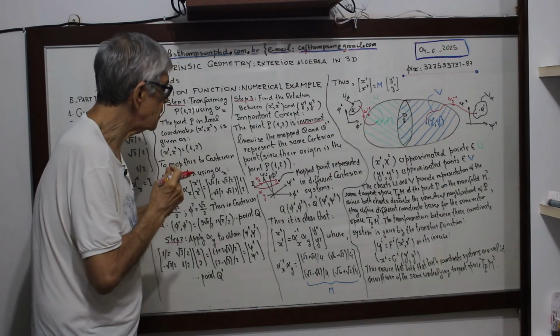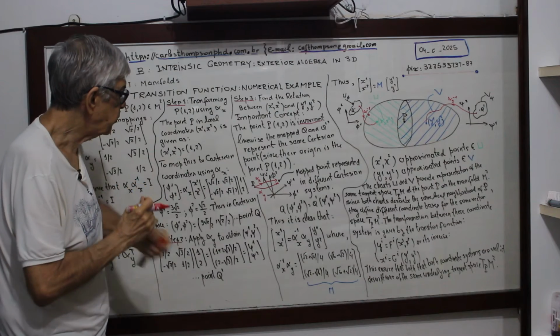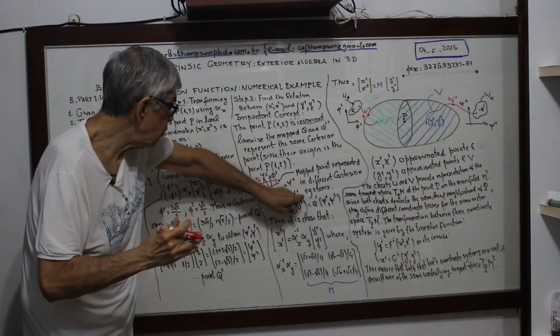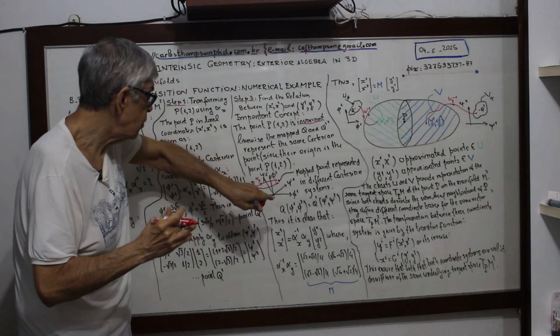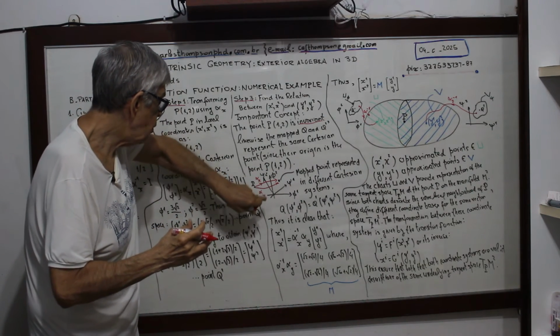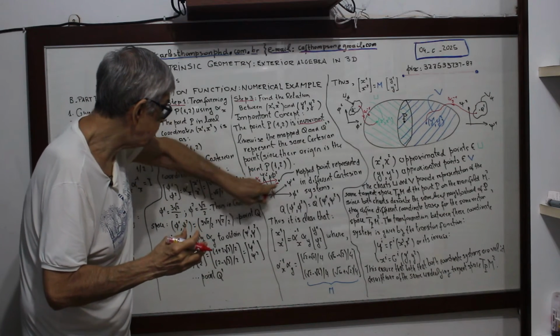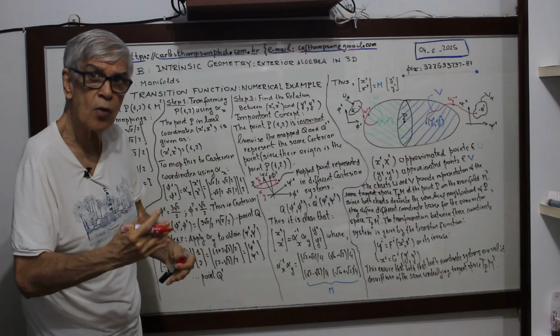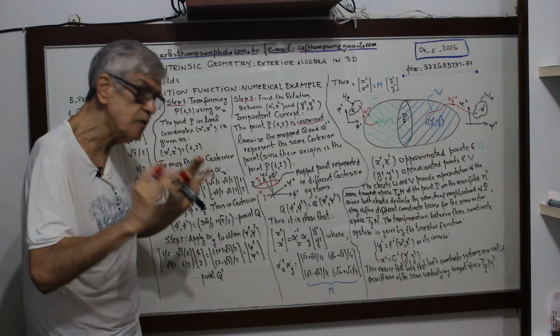When I map phi1 and phi2, this leads to point Q, and psi1, psi2 lead to the same point, which I call Q prime. Keep this in mind, please.